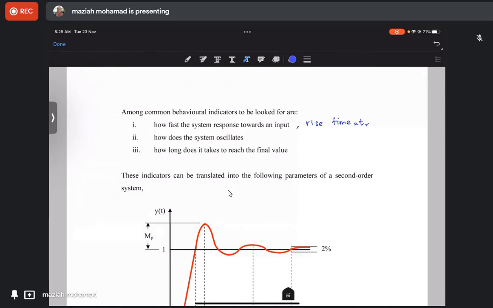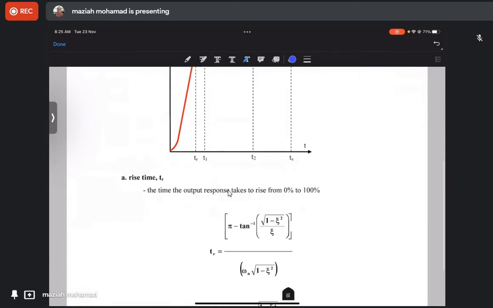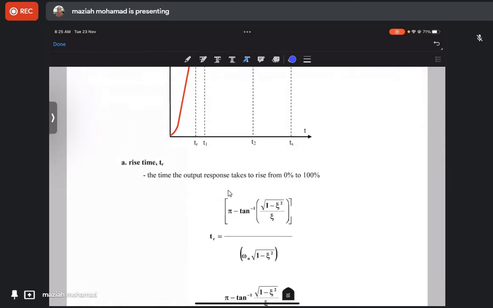It is similar to the time constant, except the rise time is the time taken by the system in order to reach 100% output. Okay, so if we expect the final output is 1, the rise time is the time when it reaches 100%.